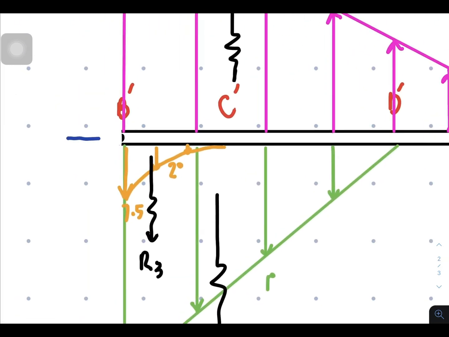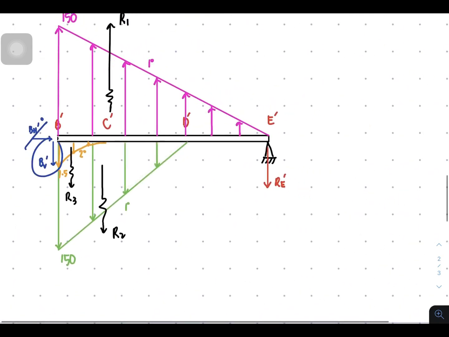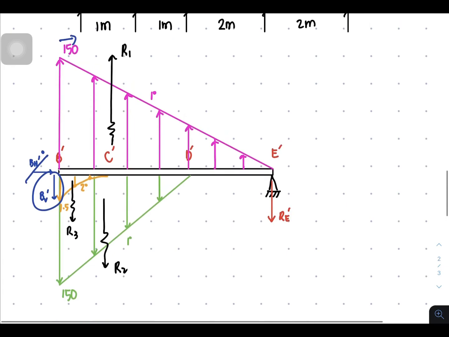So although na horizontal force diha, anyway, ibutang na lang nako. You have the BH prime, and then I'll just place any direction. Anyway, this is just 0. And then I'll place downward direction for BV prime. So this BV prime is really important para ma-connect nato siya sa pikas.